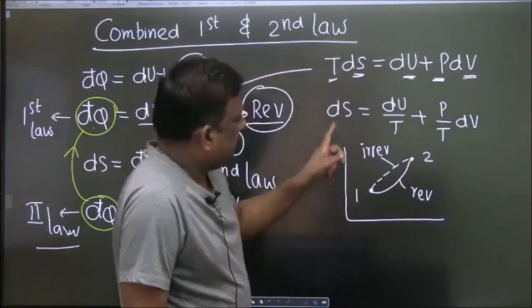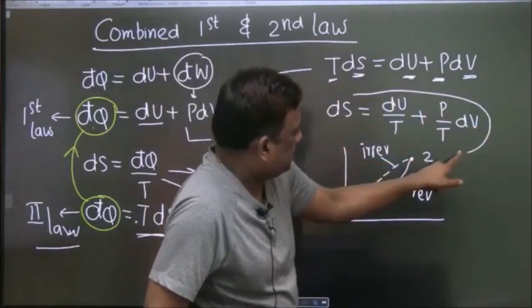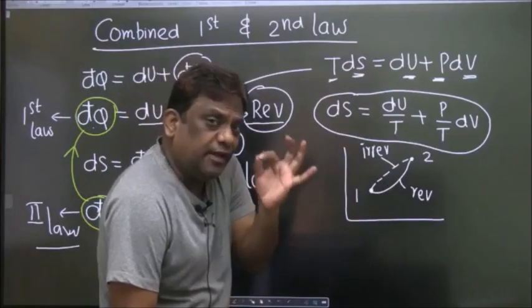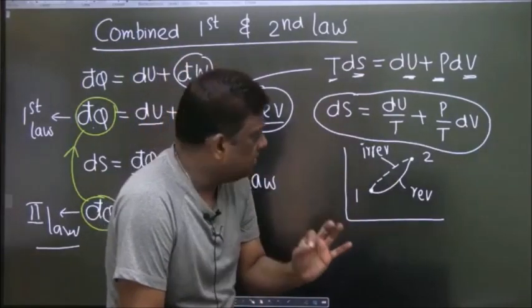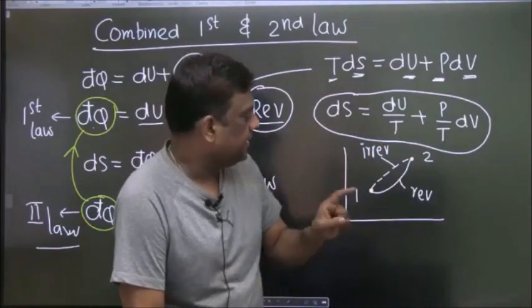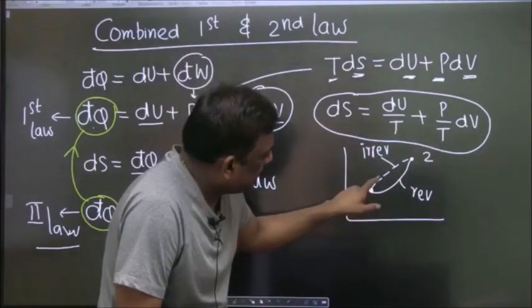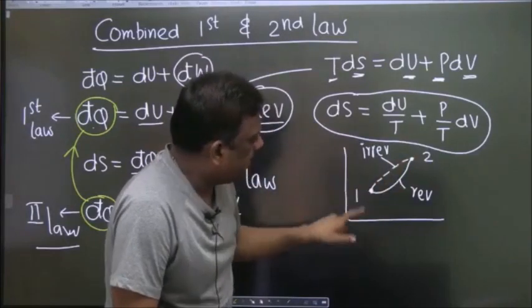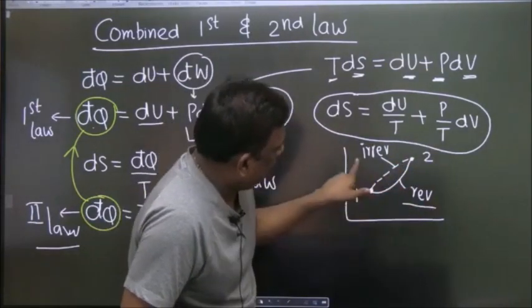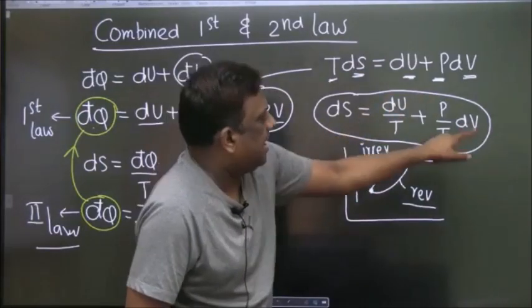Now tell me, if I am using this equation, what will be the entropy change for reversible and irreversible? Already we have seen, as long as endpoints are the same, whether it is reversible or irreversible, you will get the same answer.